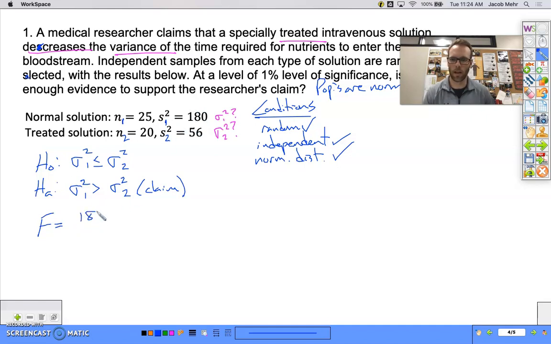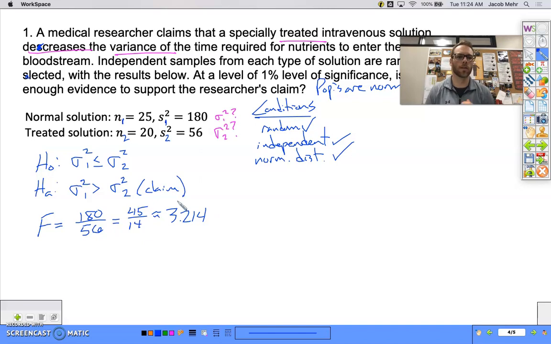So that's 180 over 56, which, let's see here, reduces to 45 over 14, which is about 3.214. Okay, so we have our test statistic.